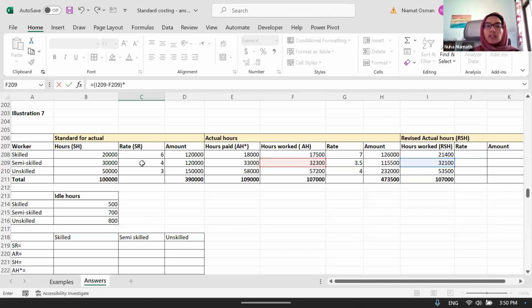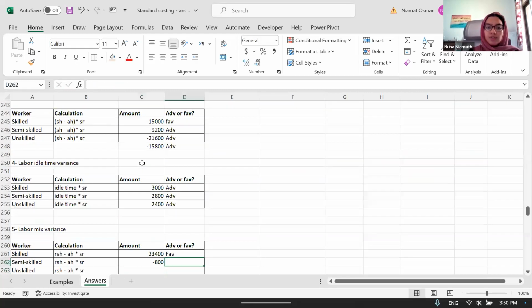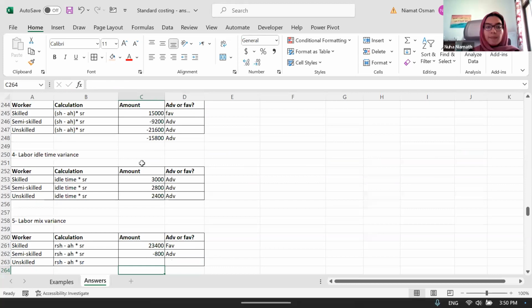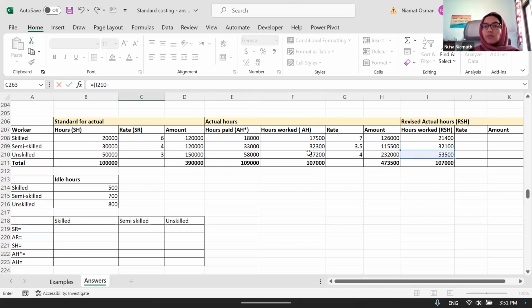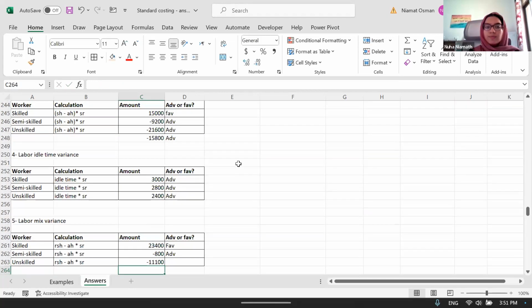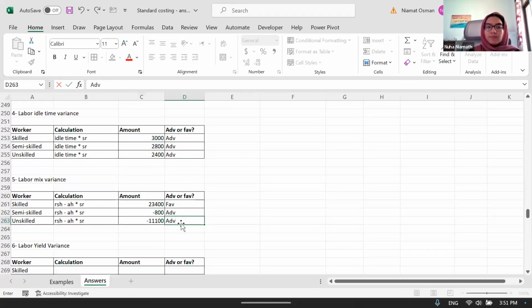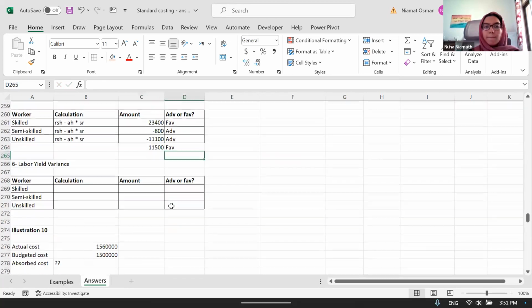Worked more, so that is adverse. Correct? Unskilled. Should have worked 53,500, has worked 57,200, more than what is needed. So, adverse. So the total is positive, so we keep it as favorable.